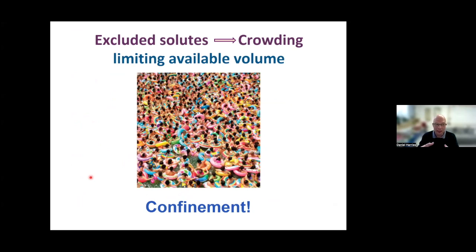That is, we have some limit on the available volume in the system, confinement, and so some image like Gary showed in the elevator, or maybe this one from a swimming pool with a lot of people in there.